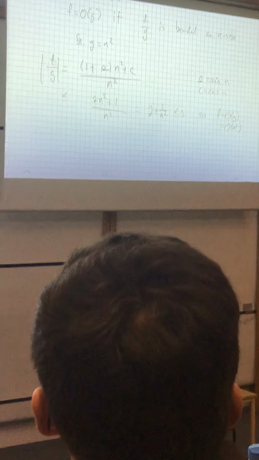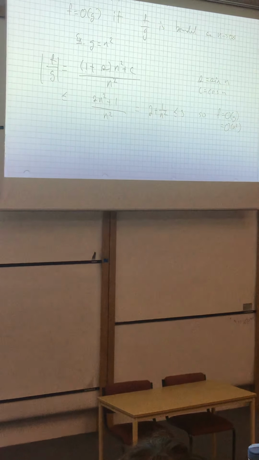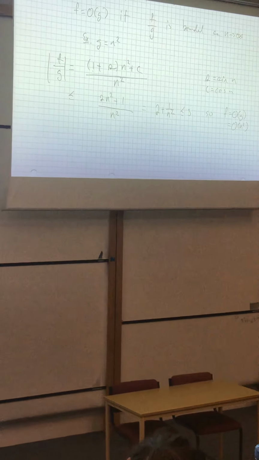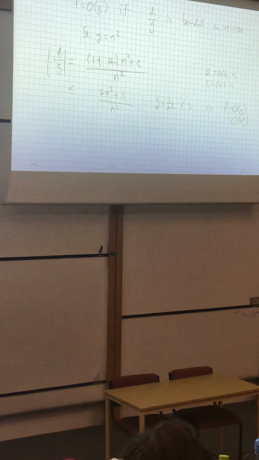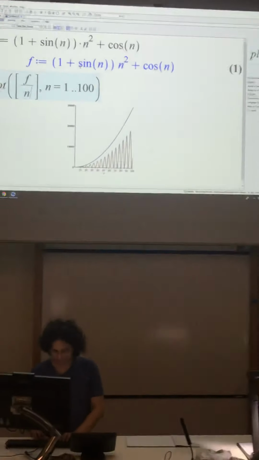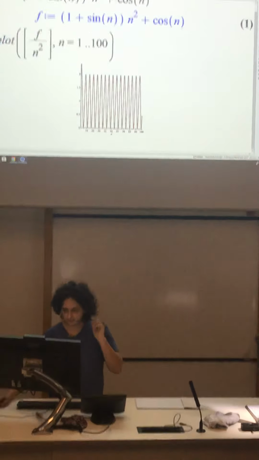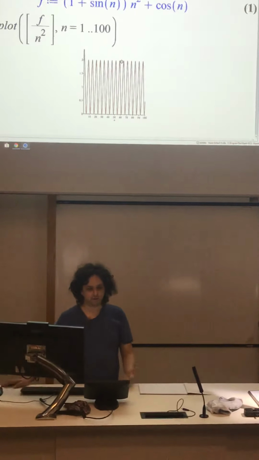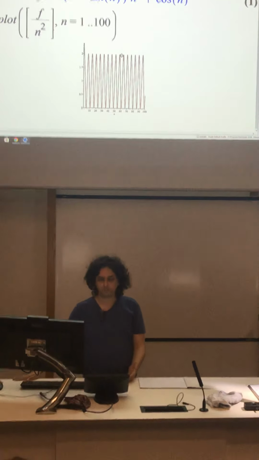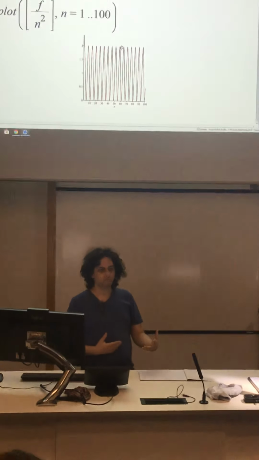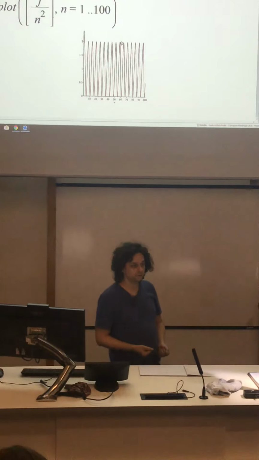And then when you do the big O, you can ignore the 3. So if I divide by n squared, we can see this is bounded. This is bounded. And that's what we want. So therefore, this f is big O of n squared.